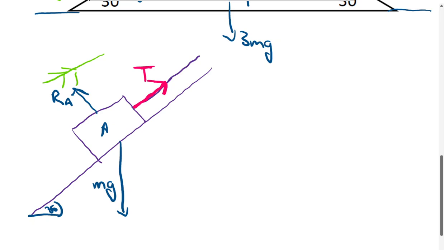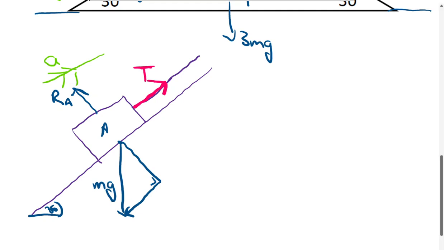So in order to be able to calculate this stuff, we need to decompose everything so it's perpendicular and parallel to the plane. Now T is already parallel, and the reaction R_A is already perpendicular, so we only need to deal with mg. So what we do is we go from where it starts here, and we go perpendicular, make a right angle, and go parallel.